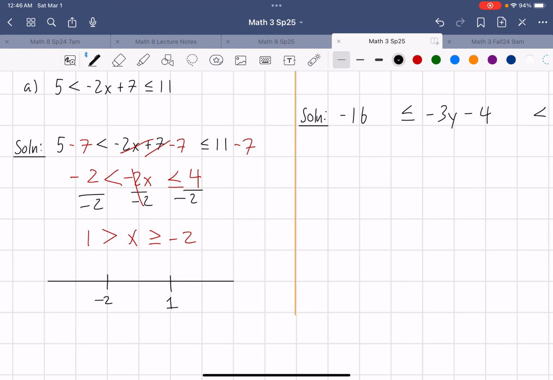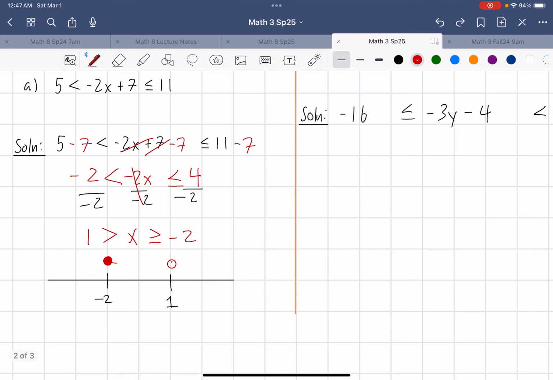So that means at 1, it's included, but at -2, it is not. And x, if you notice, has to be smaller than 1, which is to the left. And then x has to be bigger than -2. That's going to leave us with the solution here in the middle.